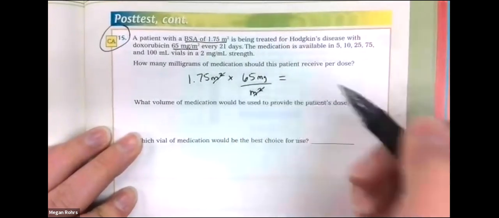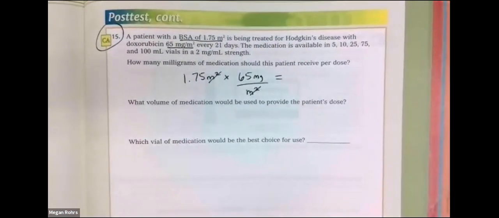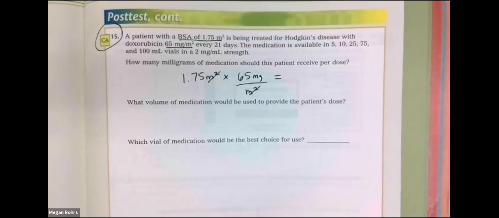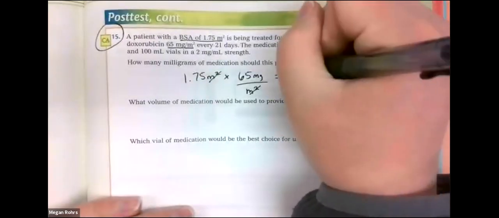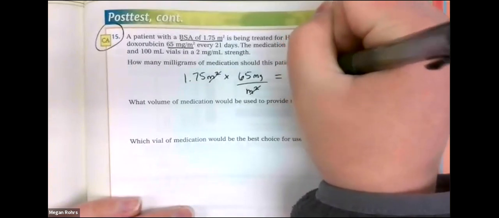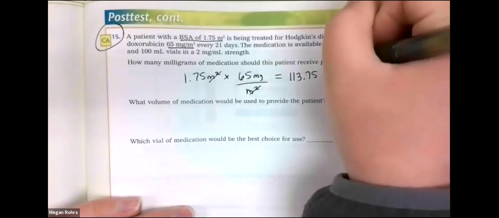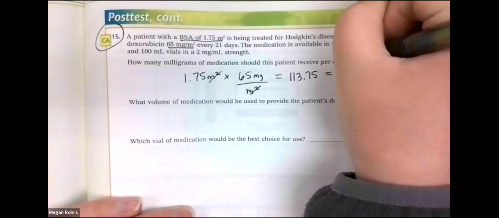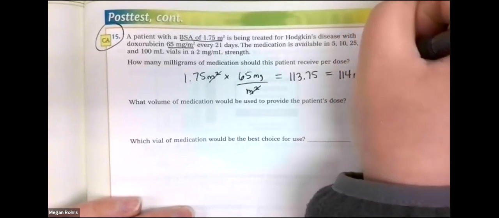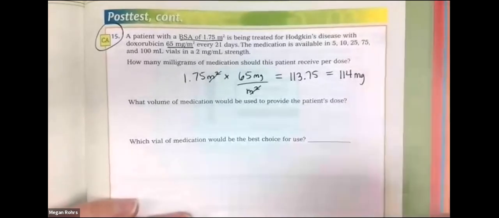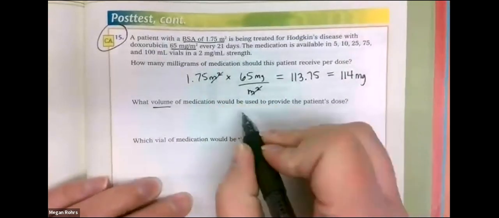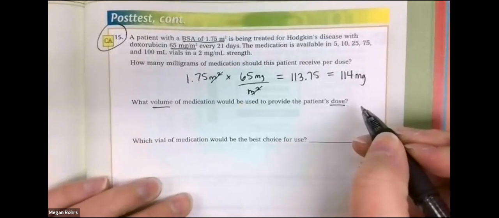Those will cancel out and I'll be left with milligrams. So 65 times 1.75 gives me 113.75. So that rounds to the nearest milligram of 114 milligrams.